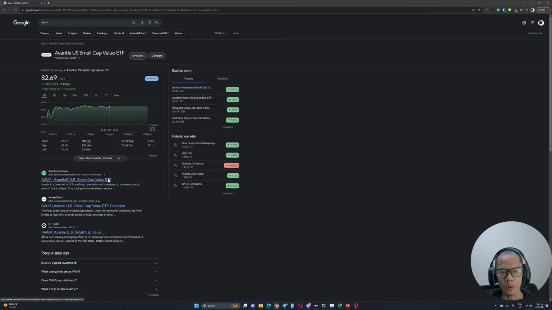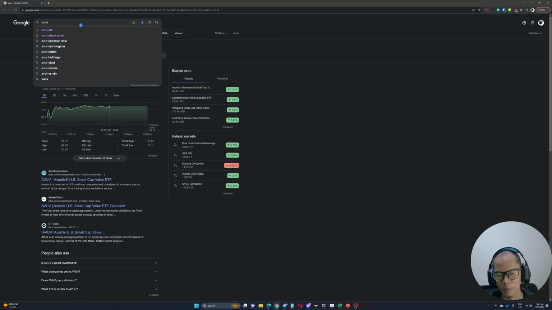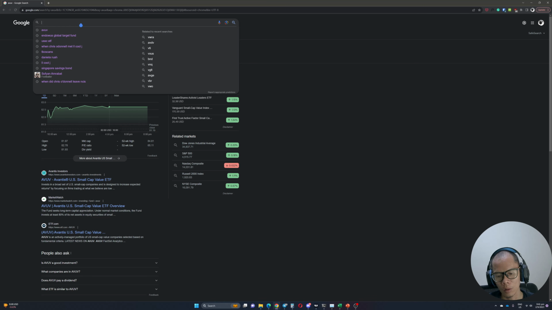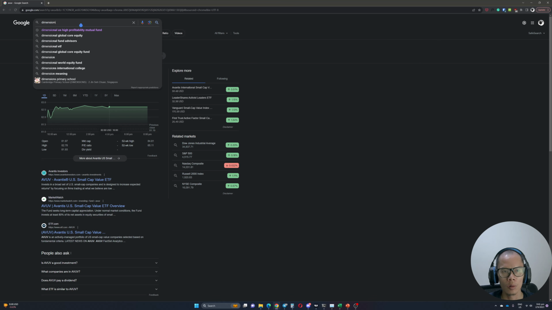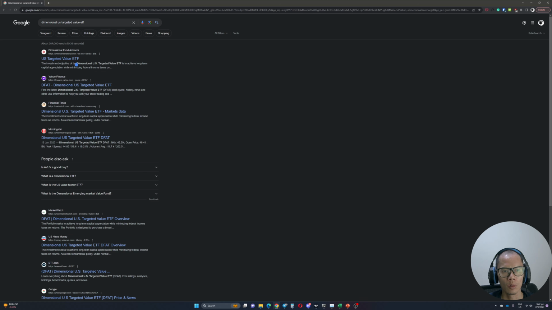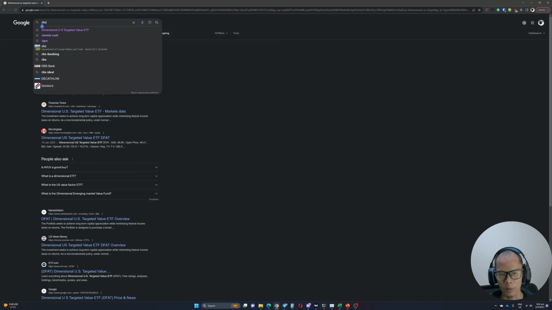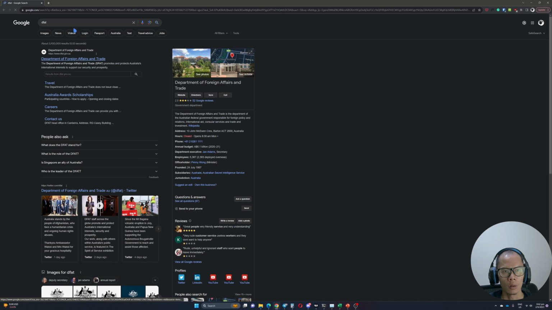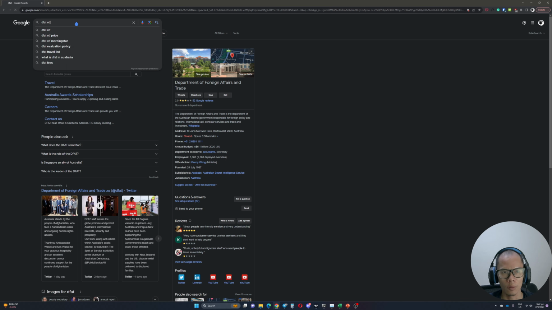So this is the Avantis small cap value ETF, and I think there is also a Dimensional US Targeted Value ETF. Yeah, so DFAT. Sorry, DFAT ETF.